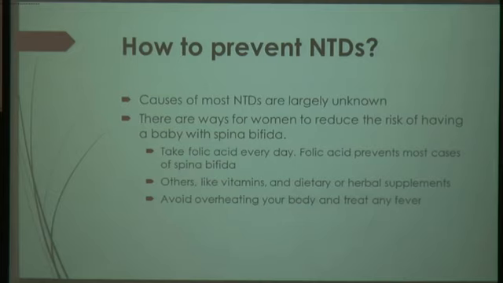This is the most important nutrition for pregnant women, although other nutrition like vitamins, dietary and herbal supplements is also important. Also, you want to avoid overheating your body, and if you have a fever, treat it.